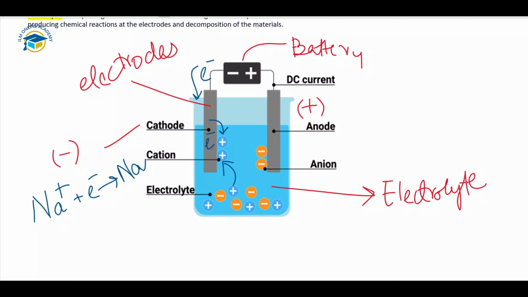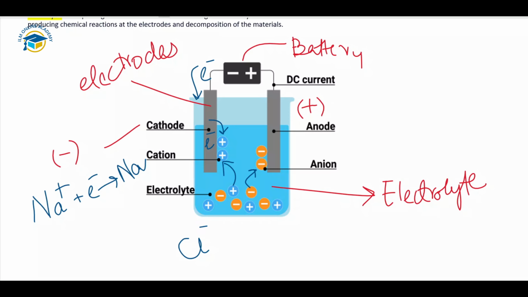Suppose we take the example of sodium chloride. Electrons are taken by the positive ions or cations, and when negative ions, the anions, are attracted towards the anode, they give up electrons because they have more electrons as compared to protons.